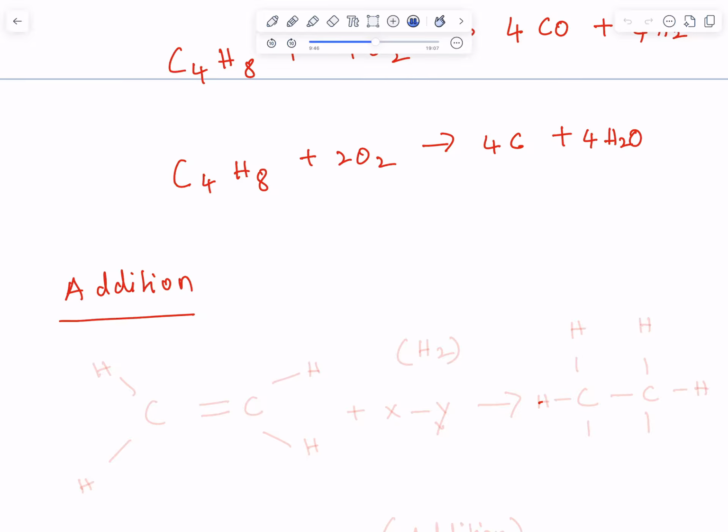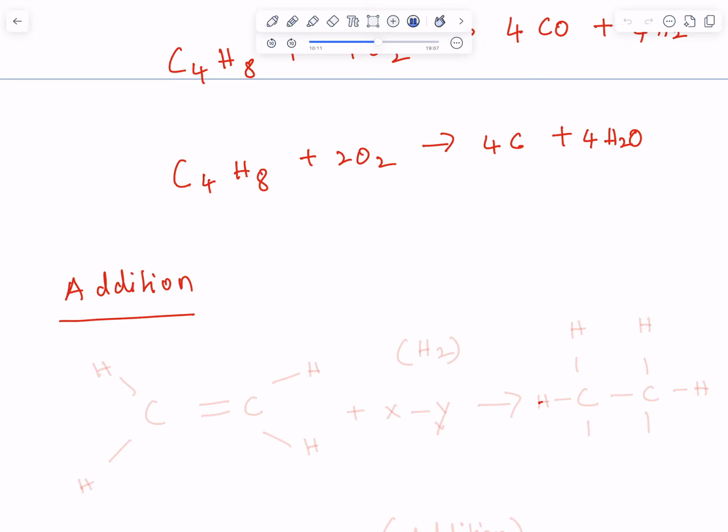The double bond opens up, it gets broken. It forms a single bond between the carbons, allowing 2 more atoms to bond onto each other carbon. Remember, in this reaction, only one product forms. There are no byproducts.